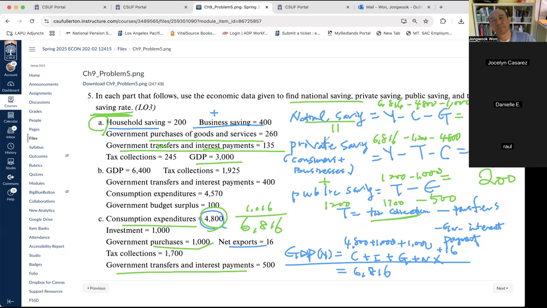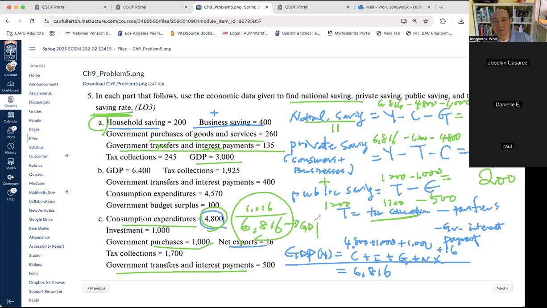So we need to rewrite 6,816 next to the consumption expenditures. You said 1,016 over 6,816. Do you divide? Yes, this is GDP, right?